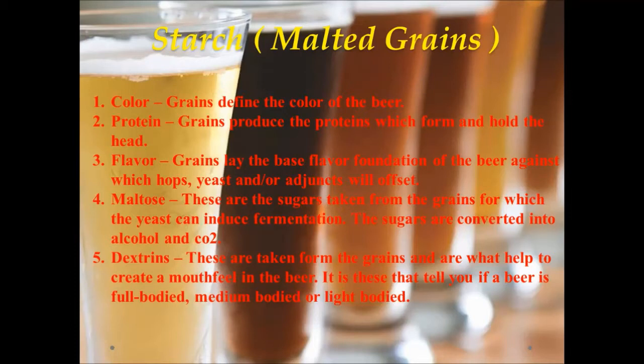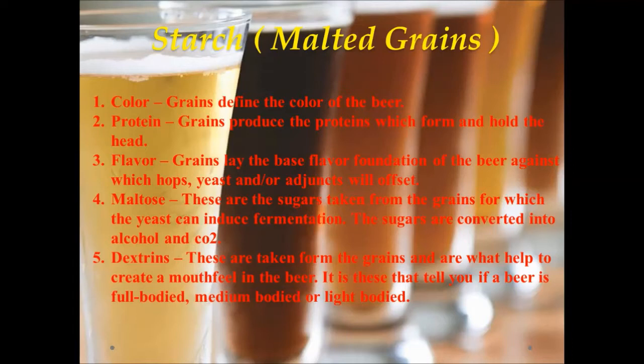As far as the flavor, the type of grains you use will give that base flavor foundation of the beer against any hops, yeast, or even adjuncts that might be in the mix. You have something called maltose. Maltose are those sugars taken from the grains for which the yeast can induce fermentation.